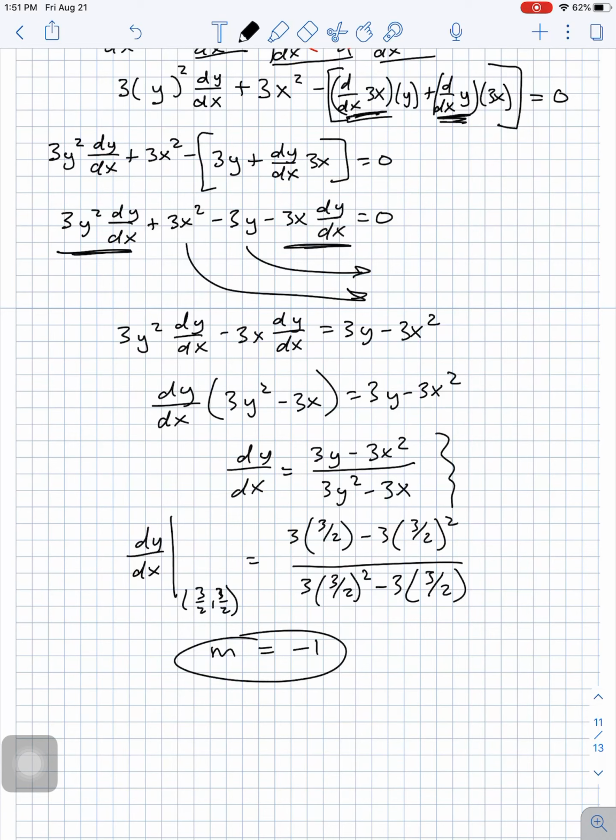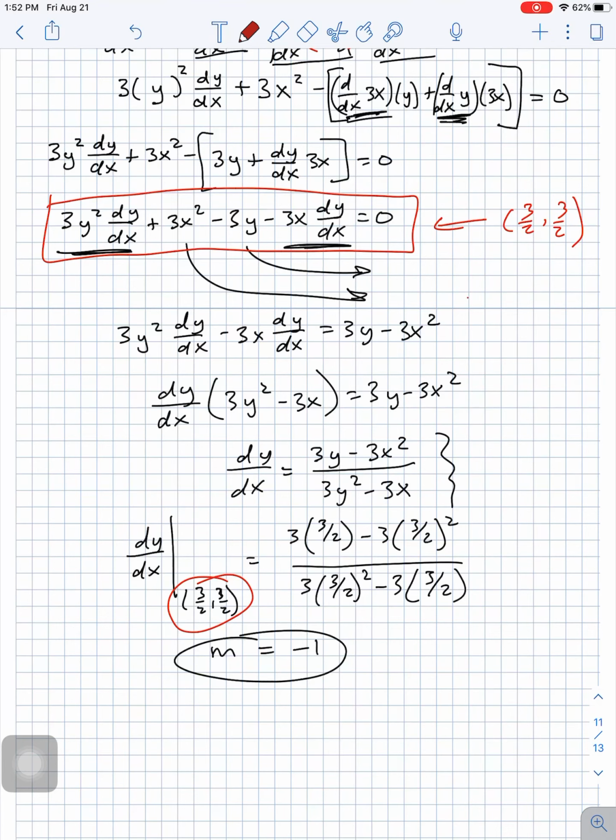Okay, so that's going to be your slope of your line. I'd like to note that you can plug this point in any time you want after you take the derivative. So here, where did we end? This was our final derivative before we started solving for dy dx. You can plug in the 3/2 here, and that actually makes the algebra easier.